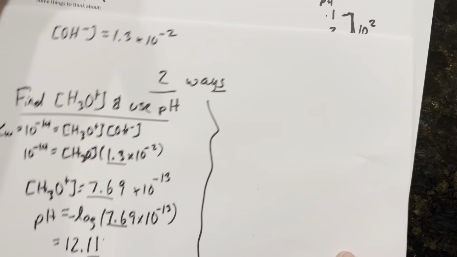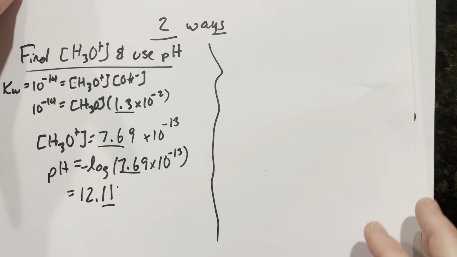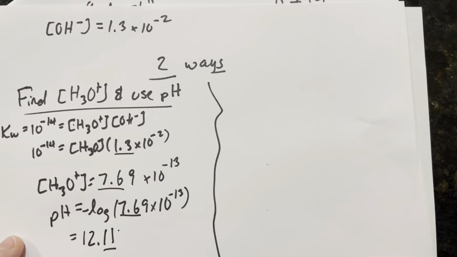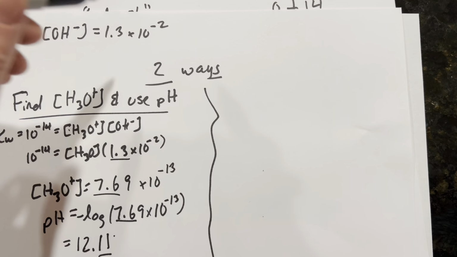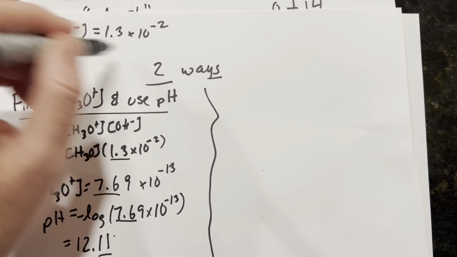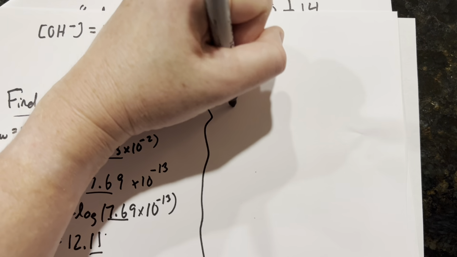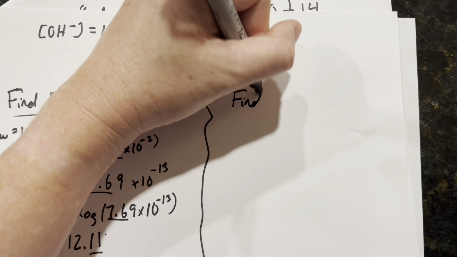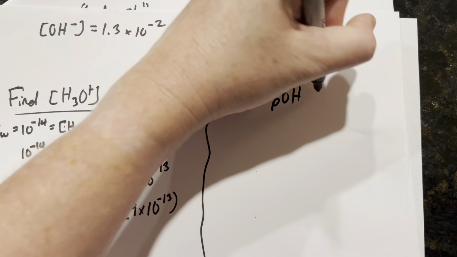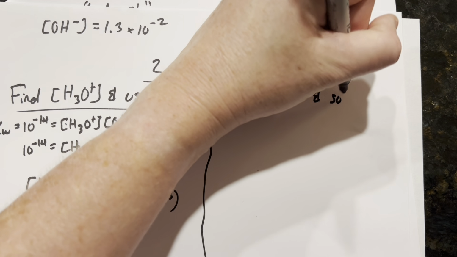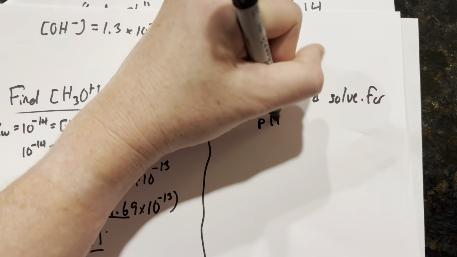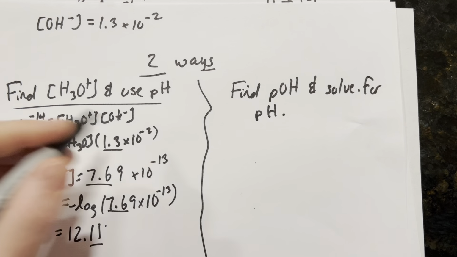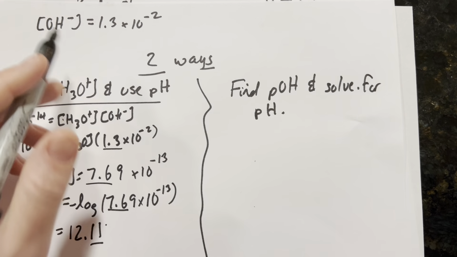Okay, so that was one way. Let's do the other way. This is the way that I tend to prefer, but it doesn't necessarily mean you're going to prefer it. I'm not a fan of small numbers. So one of the first things you can do is get rid of that small number. So this way, we're going to find POH and solve for H plus, or for pH. So again, we got our OH minus.